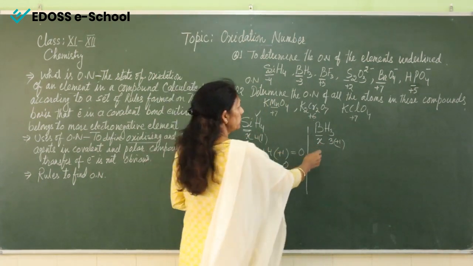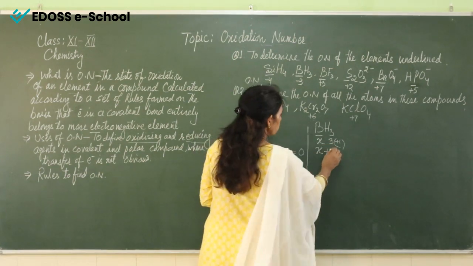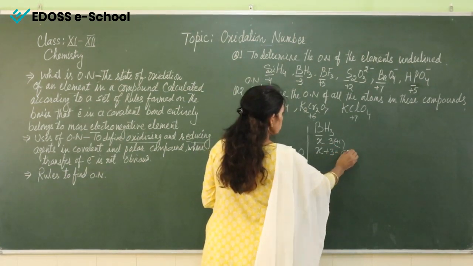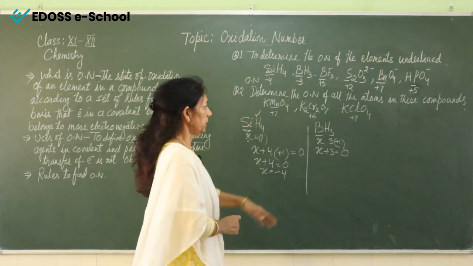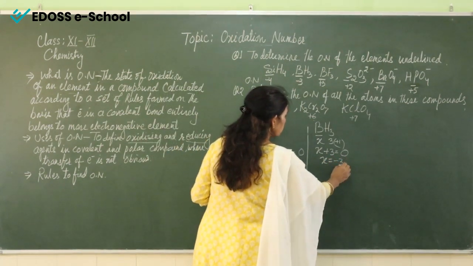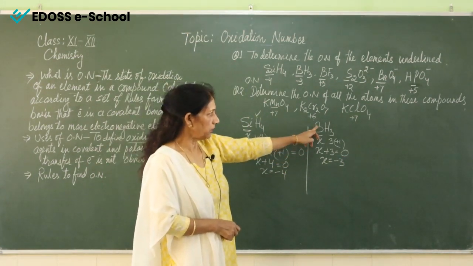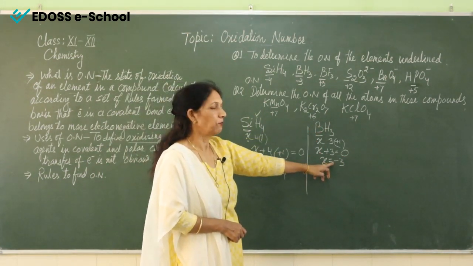X plus 3 is equal to 0, so X is equal to minus 3. So the oxidation number of boron in boron hydride is minus 3.